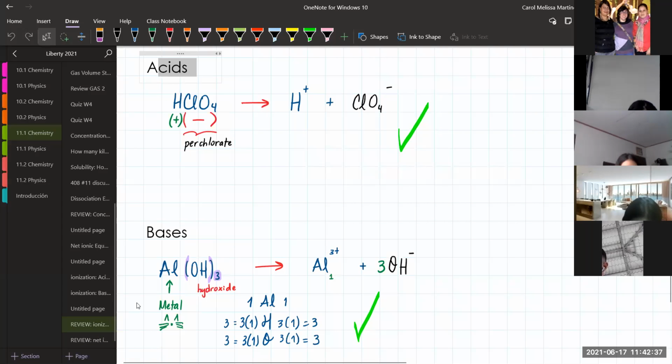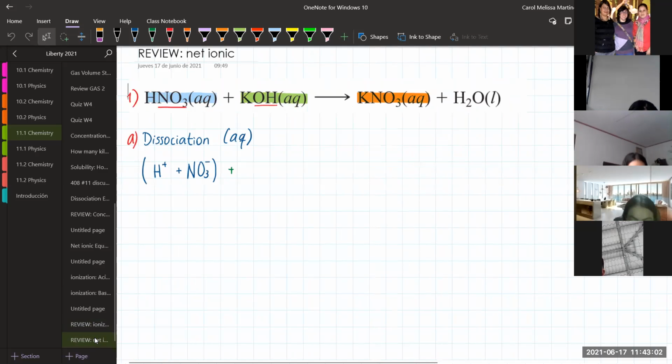So we look for the dissociation of a base, and you will see that the base will separate into its metallic part and the hydroxide part. So in the case of aluminum hydroxide, it splits into aluminum 3 plus ion and OH minus ion. So we're going to apply this same procedure in the net ionic equation.